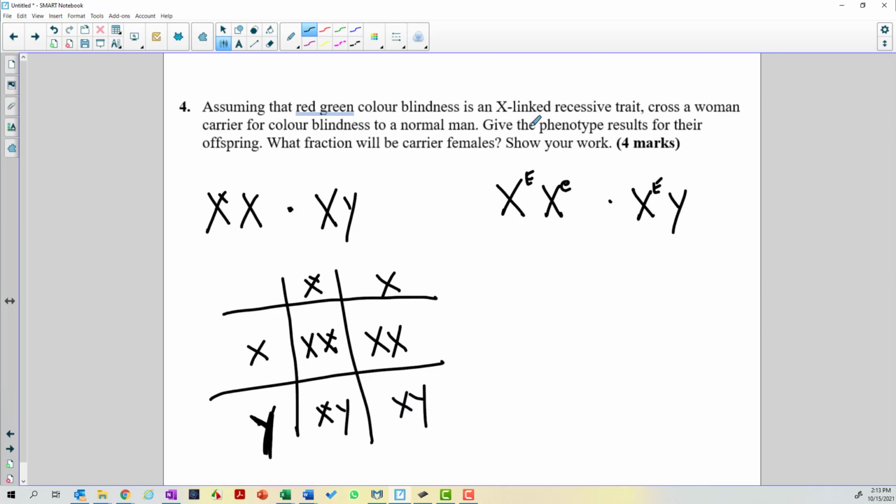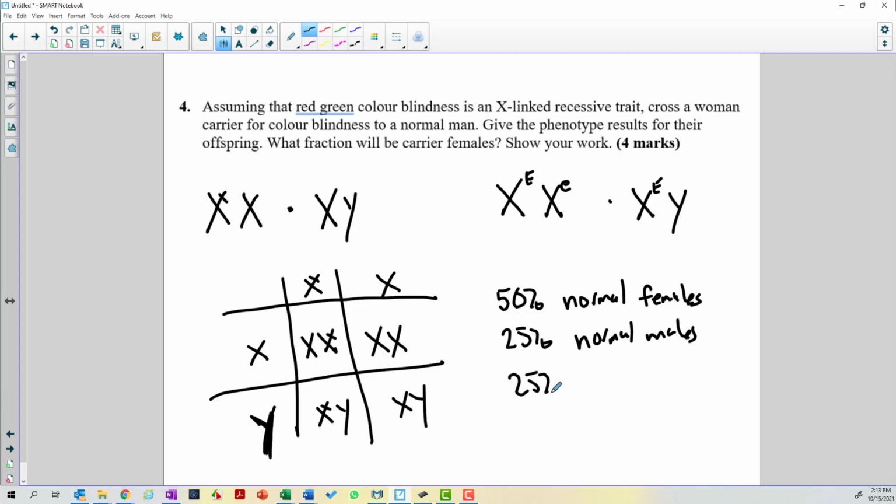So it says give the phenotype results for the offspring. So the phenotype results are 50% phenotypically normal females. And there's 25% normal males.